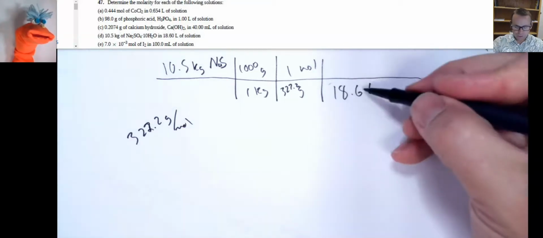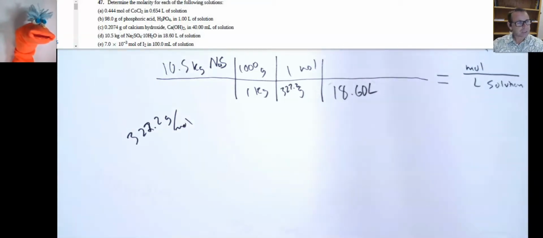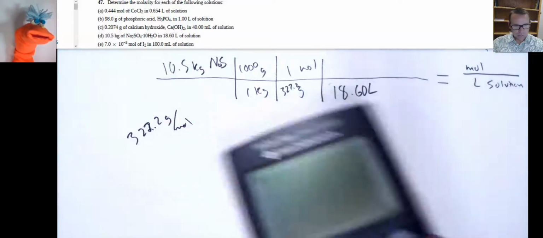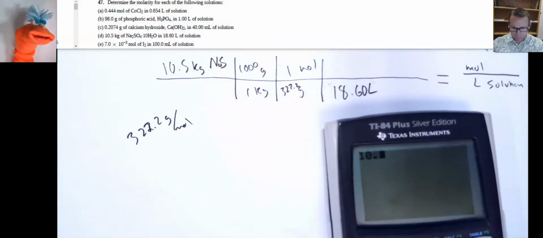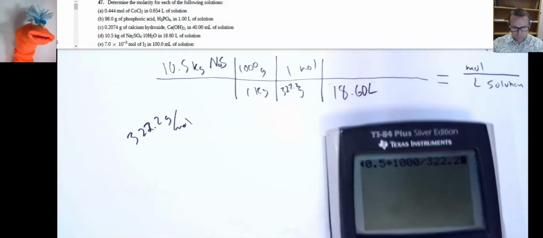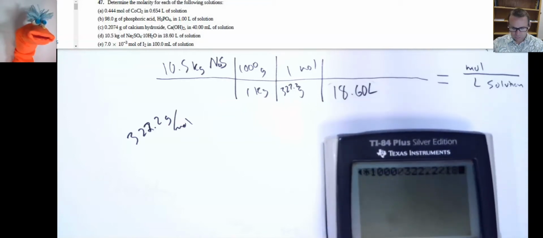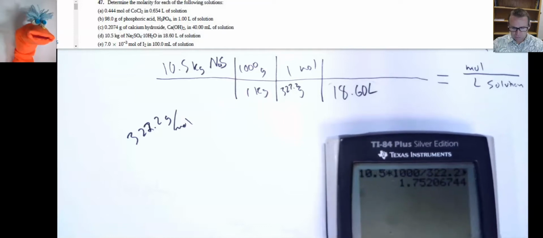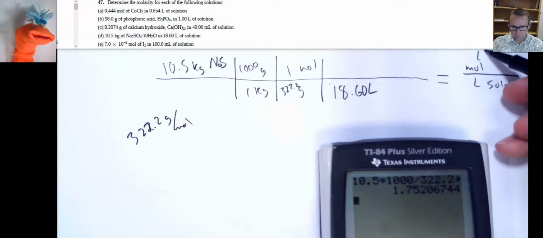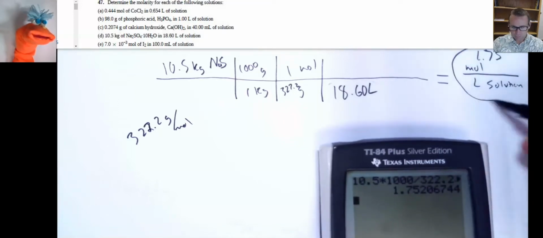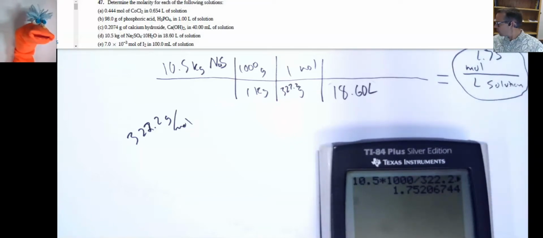Okay, so 10.5 times 1,000 divided by 322.2 divided by 18.6, so 1.75 moles of solute per liter of solution.